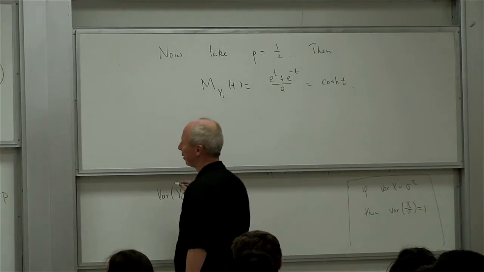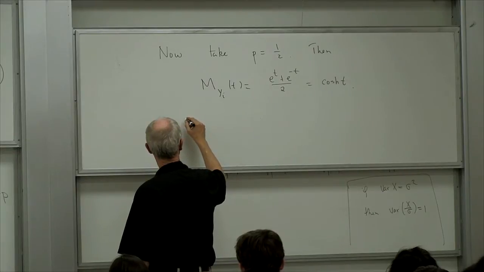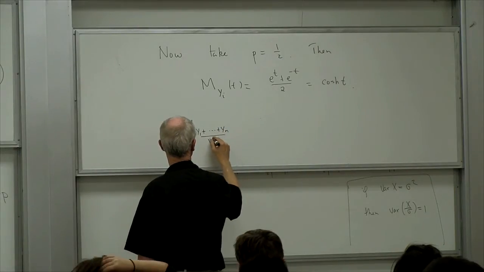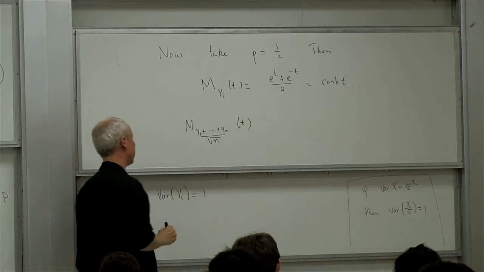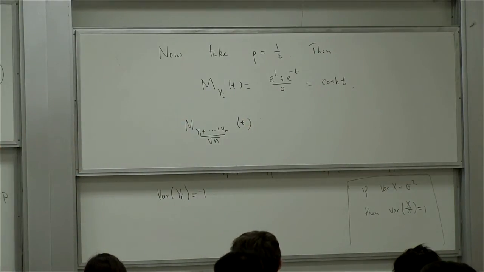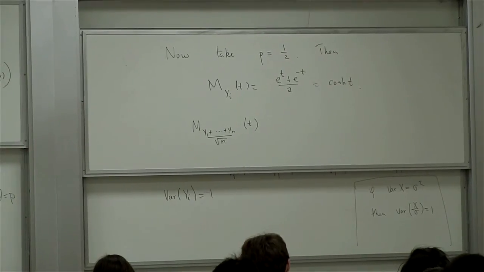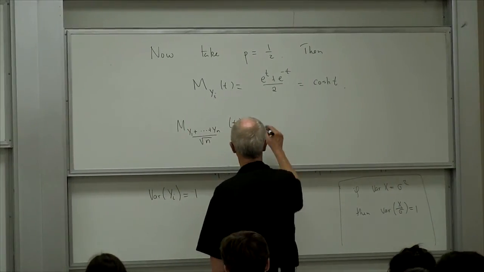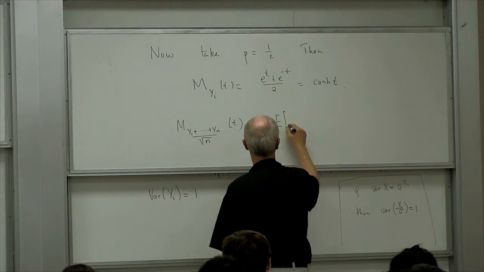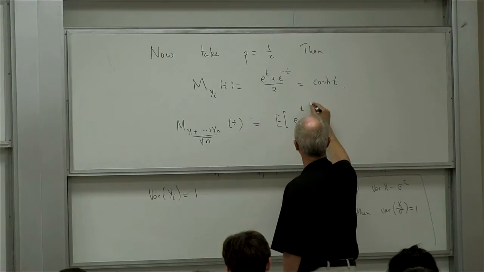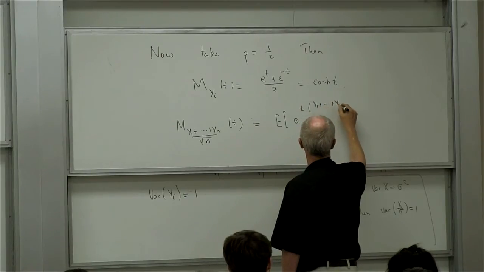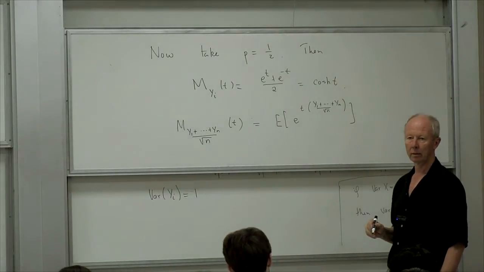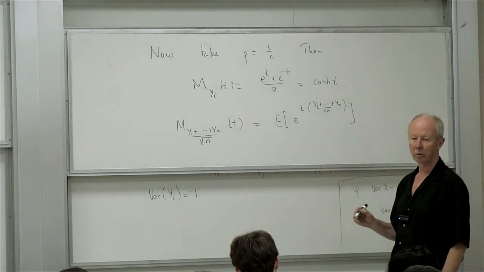All right. Now, what if we do this? We add up the y's and divide by square root of n. Okay, I just wrote down the definition.